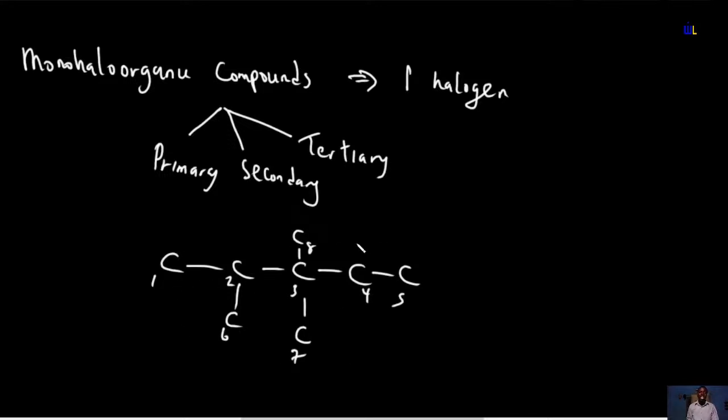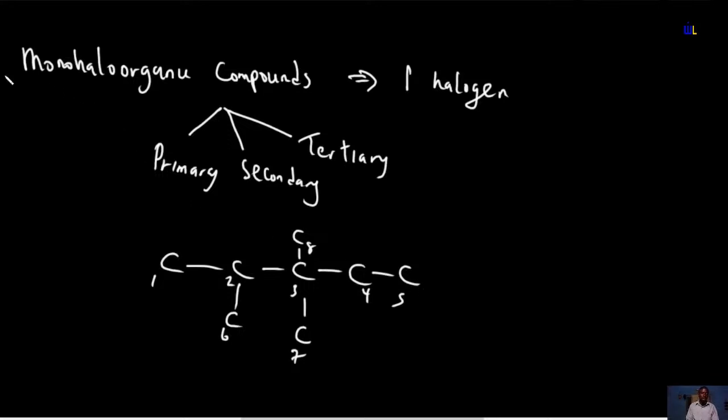In the classes of carbon, the primary carbon is the carbon atom that exists terminally, and it is attached to only one carbon atom. So number 1, number 5, number 6, number 7, and number 8 are primary because they exist at the end, and beyond that they are directly attached to only one carbon atom in the chain. That is what makes them primary.